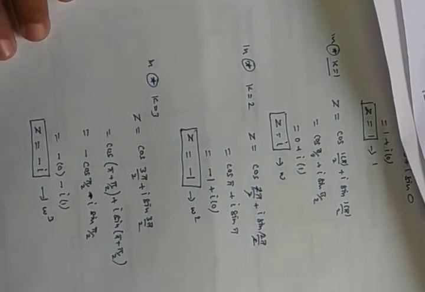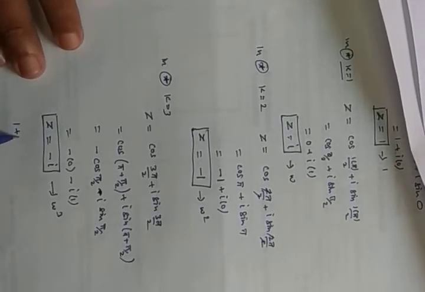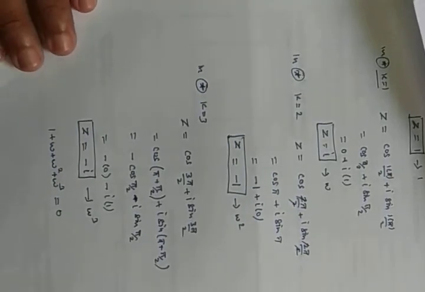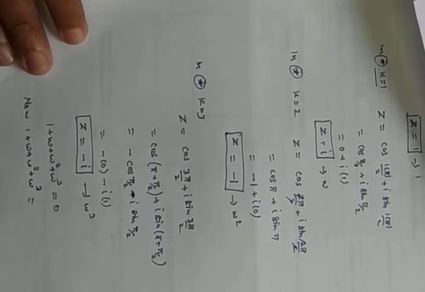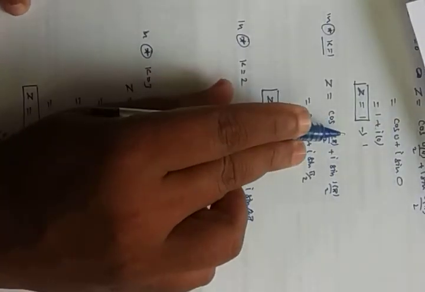According to our formula, if you add all, 1 plus omega plus omega square plus omega cube, the value should come 0. Let me check that one. 1 is here, 1 only, there is no doubt.